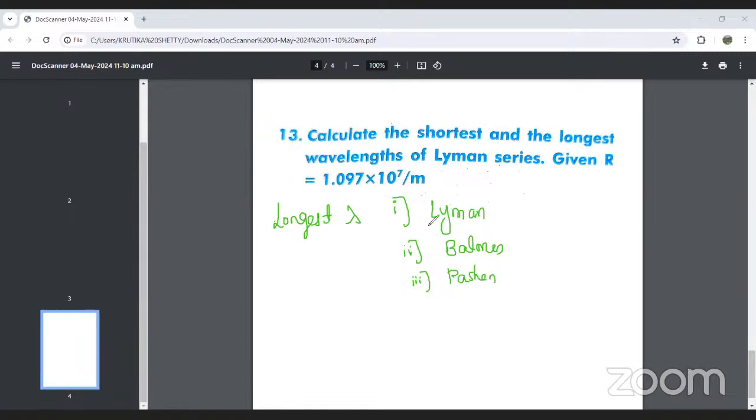So you have to calculate the longest wavelength for the Lyman series, Balmer series, and the Paschen series. Already you know what to do for the longest wavelength here, students. For the Lyman series n1 is equal to 1, for the Balmer series n1 is equal to 2, and for the Paschen series, n1 will be 3 or 4?